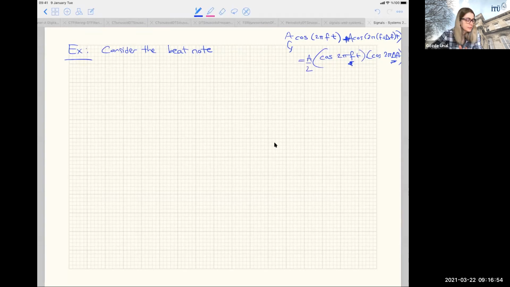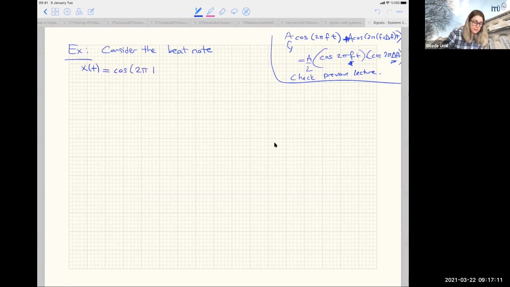So consider the beat note. This was just a note from last time. Check the previous lecture. You can ask your assistants. Consider the beat note x of t, cosine 2 pi 100t times, you see, typically f was a large one. Remember, frequency delta f is a small perturbation. So this is, let's say, 2 pi 10t.